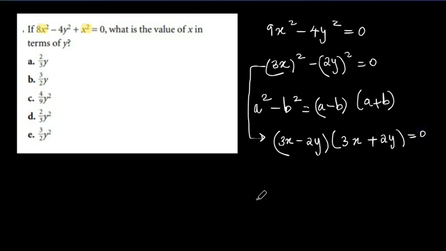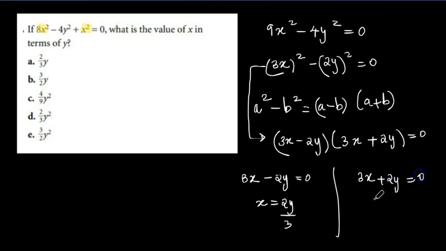We want x in terms of y, so you can equate both factors separately to 0. 3x minus 2y equal to 0 gives me x equals 2y over 3. In the same way, if I equate 3x plus 2y to 0, I get 3x equals negative 2y, and thereby x equals negative 2y over 3.